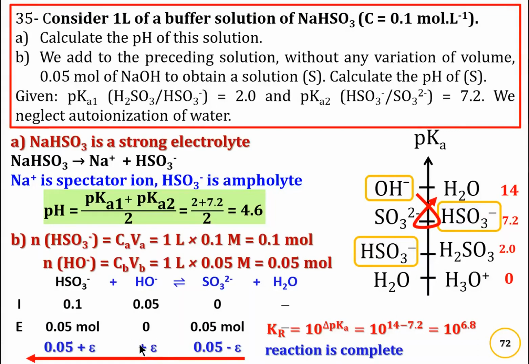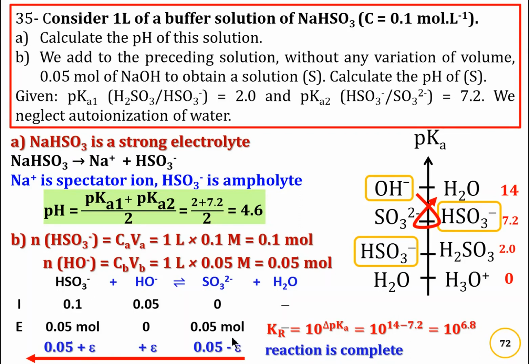Note that epsilon is only calculated if they ask us to calculate the concentration of OH− at T equals infinity. After the reaction is complete in direction 1, it will return a little bit in direction 2, so we will have 0.05 minus epsilon of SO3 2−, plus epsilon of OH−, and 0.05 plus epsilon of HSO3−.